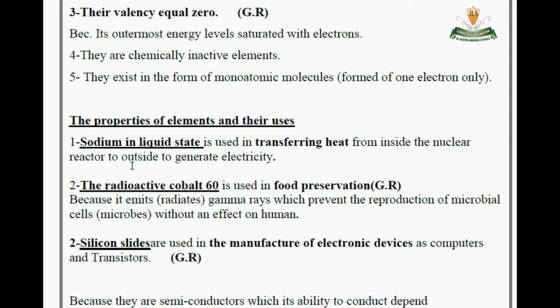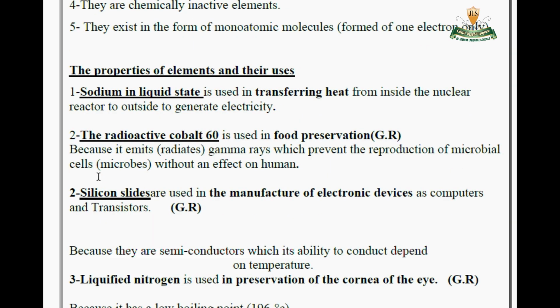Why? Because cobalt emits gamma rays which prevent the reproduction of microbial cells without an effect on humans.